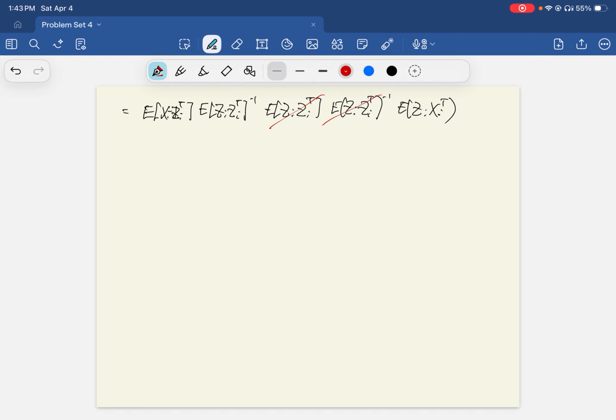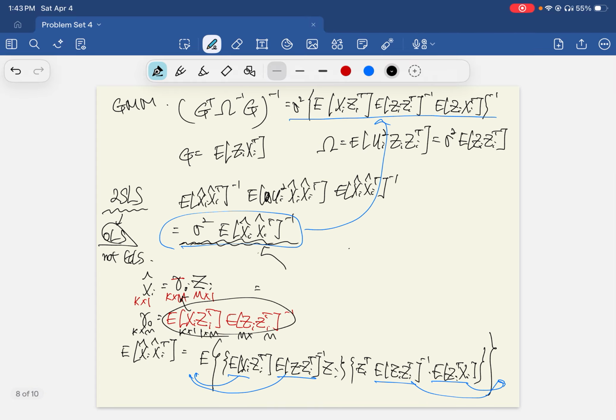Okay, as you see, it cancels out. It will only have expectation xi zi transpose, expectation zz transpose inverse, expectation zx transpose. Exactly, that's what we needed, right?